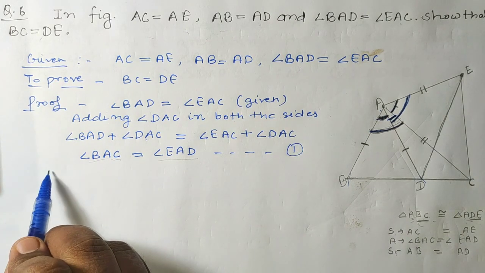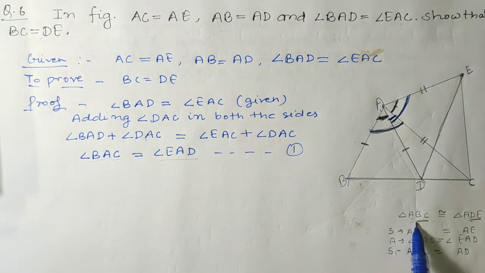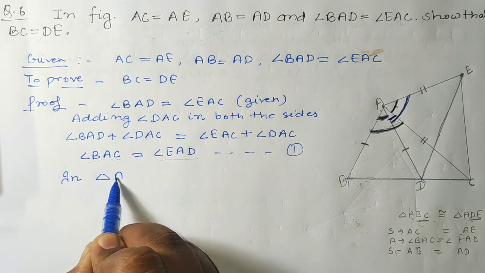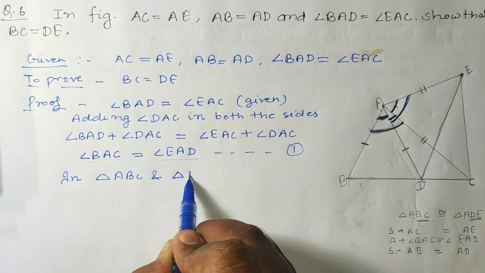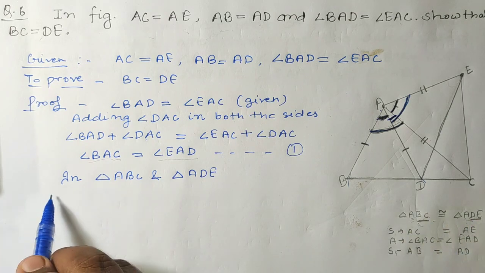Now we are going to prove that BC is equal to DE. For that we have to prove that these two triangles are congruent. So here we will write that in triangle ABC and triangle ADE, see, roughly we have proved it here. Now we are going to do it properly.